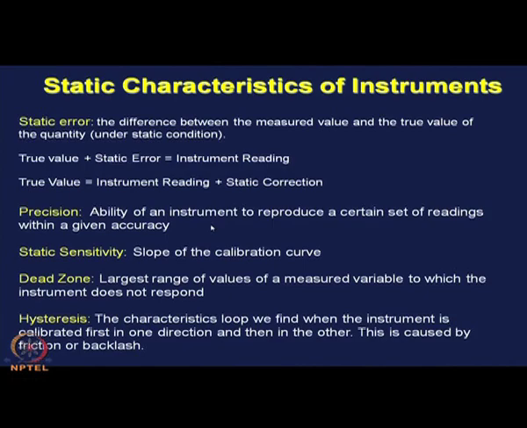This instrument can have high precision, low accuracy. It can have poor precision, poor accuracy, and so on and so forth. In our next class, we will see more of static characteristics and also talk about dynamic characteristics.